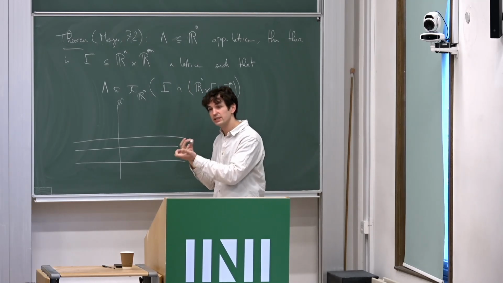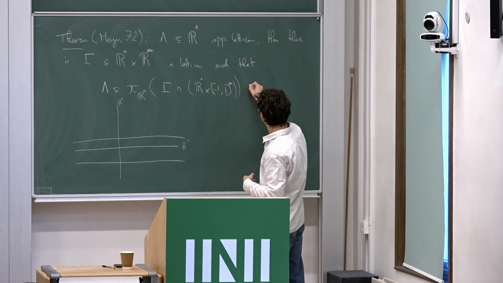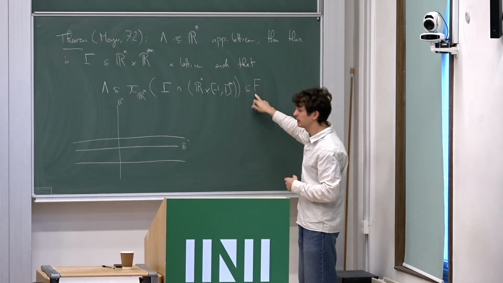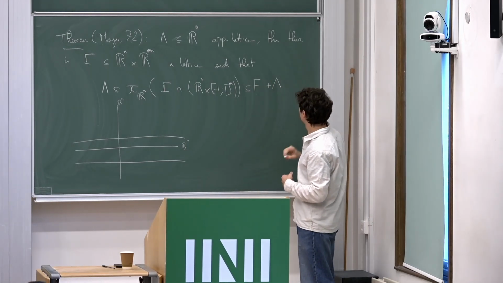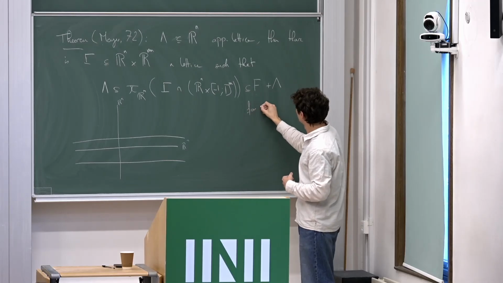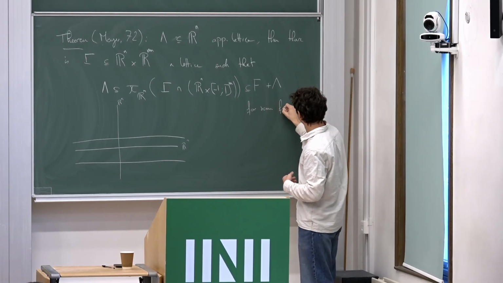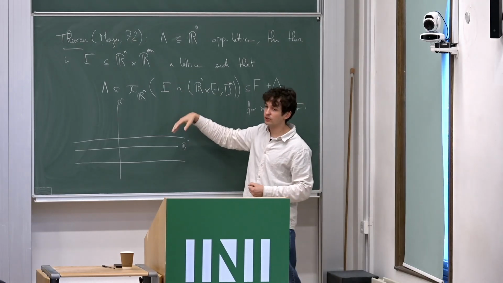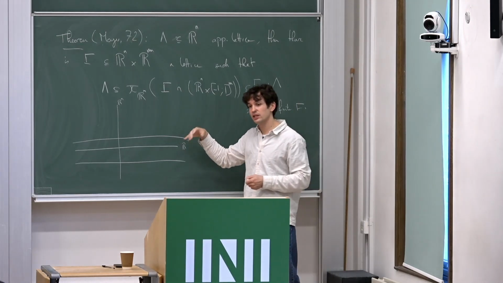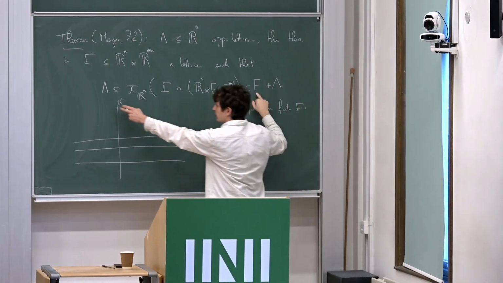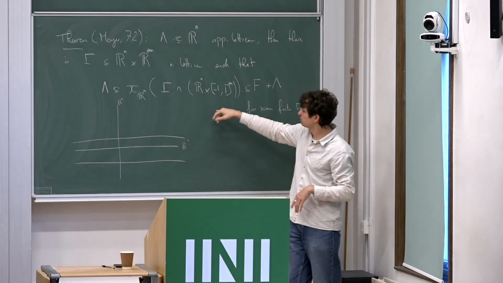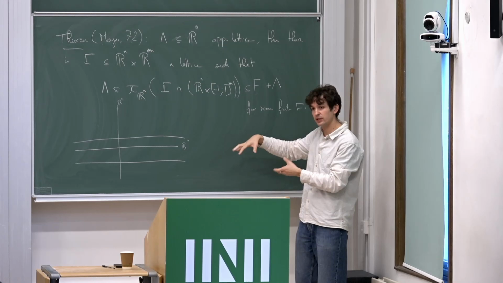So there's a commensurability thing happening, which means that you can find some finite set F such that you have that. So if you only care about the classification up to these finite modifications, then all the approximate lattices are obtained through this very regular method.